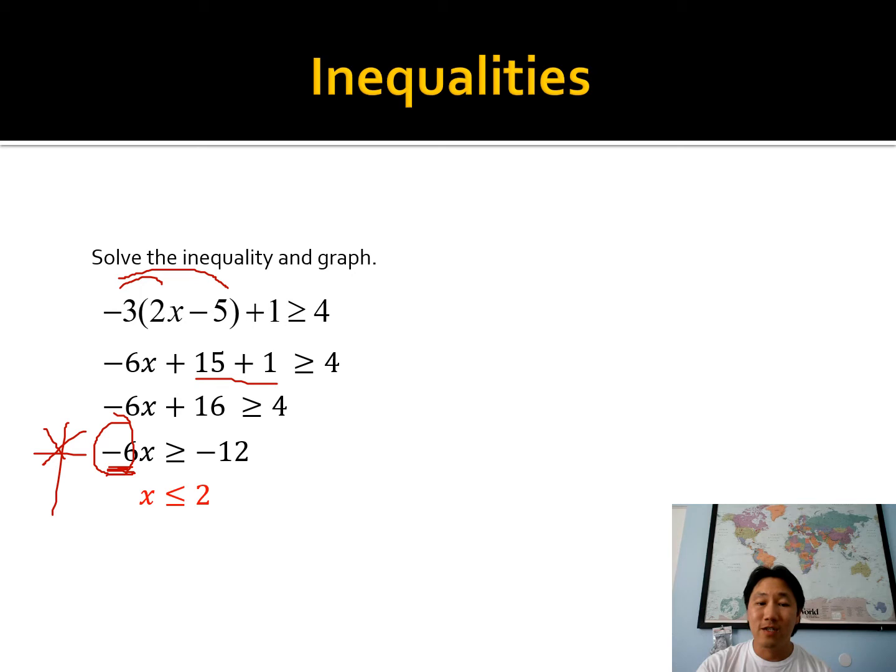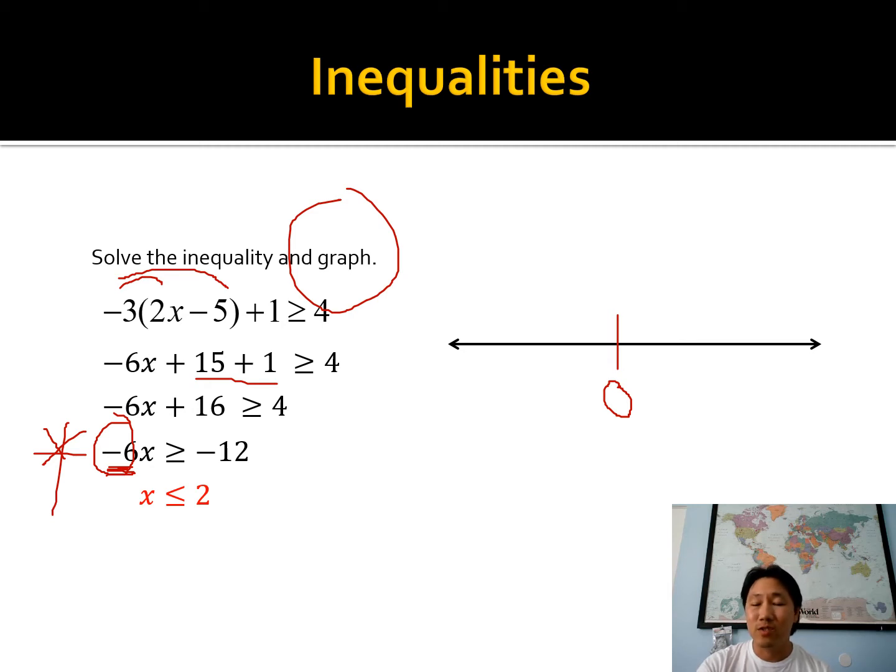Now, if you notice, it also says graph. So that's actually pretty fun. We're actually going to graph on a straight number line. Here's how I want you to graph. I want you to go ahead and find 0. So just put 0 and then find 2. You don't have to do all these tick marks. You can just put a tick mark here and say that's 2.